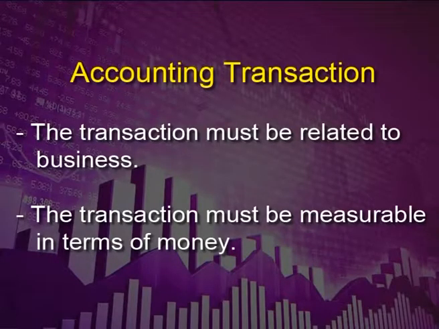That means there are 2 conditions to make something an accounting transaction. One is the transaction should be related to business, so that means it is a business transaction, and secondly it must be measurable in terms of money. So, business transactions which are measurable in monetary terms become accounting transactions.